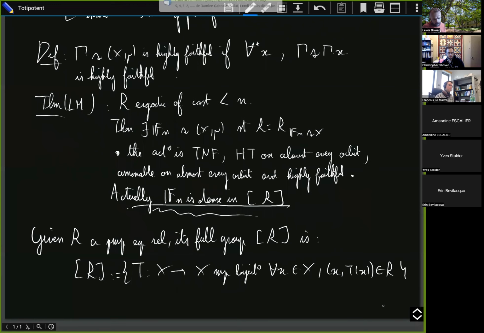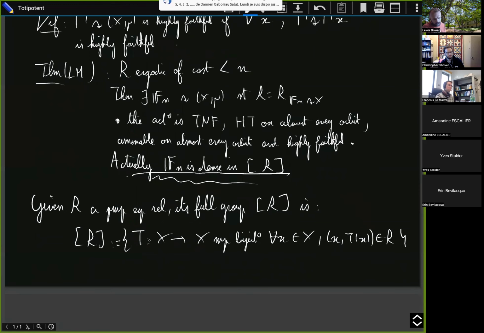In other words, the elements of the full group are measure preserving bijections which preserve each orbit. So really an element of the full group, you can think of it as acting by permutation on each orbit.